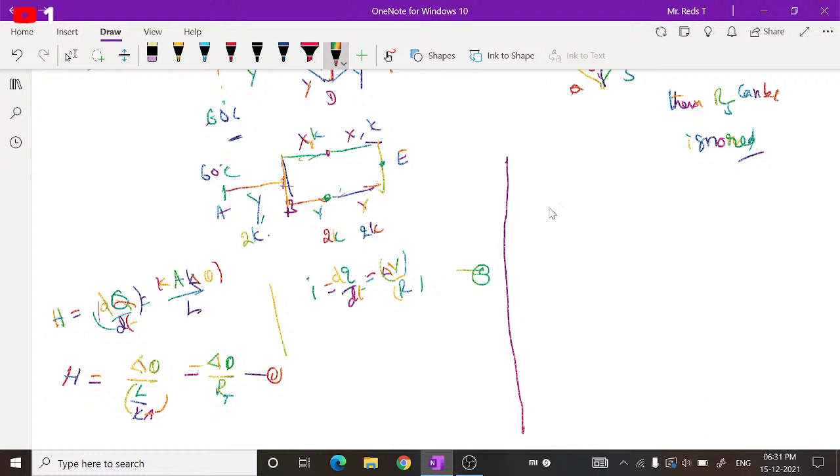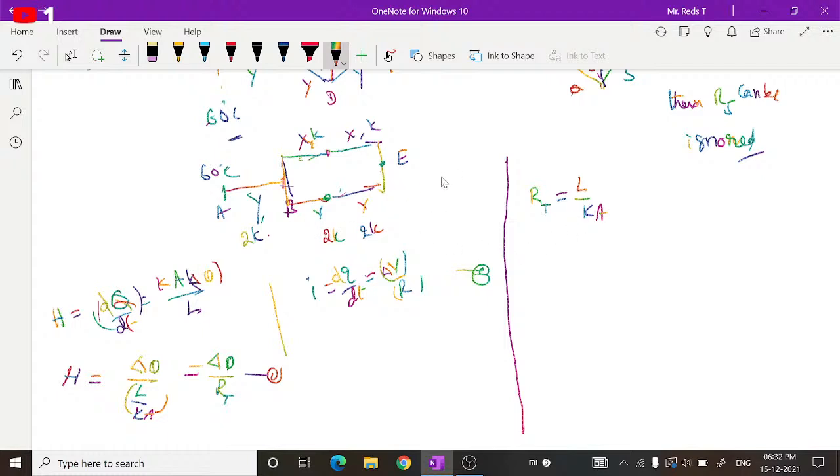Okay, so when comparing, thermal resistance can be taken as RT is equal to L by Ka. If L and A are constant, you can say thermal resistance is inversely proportional to K. What is K? Thermal conductivity.